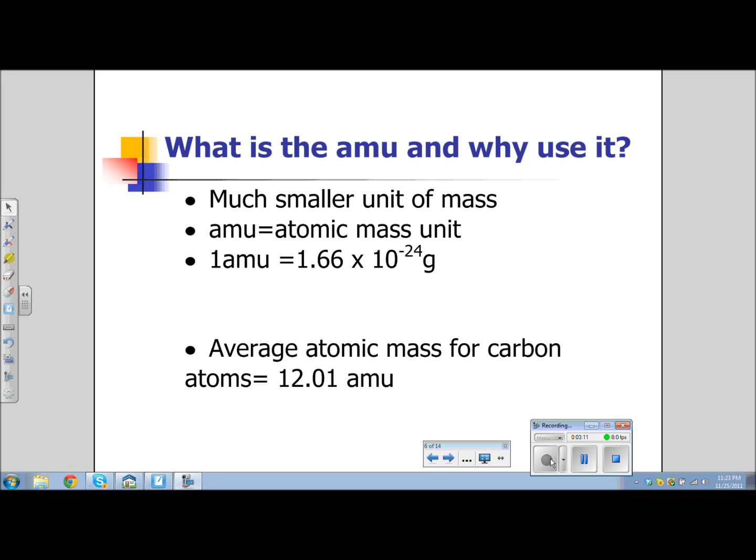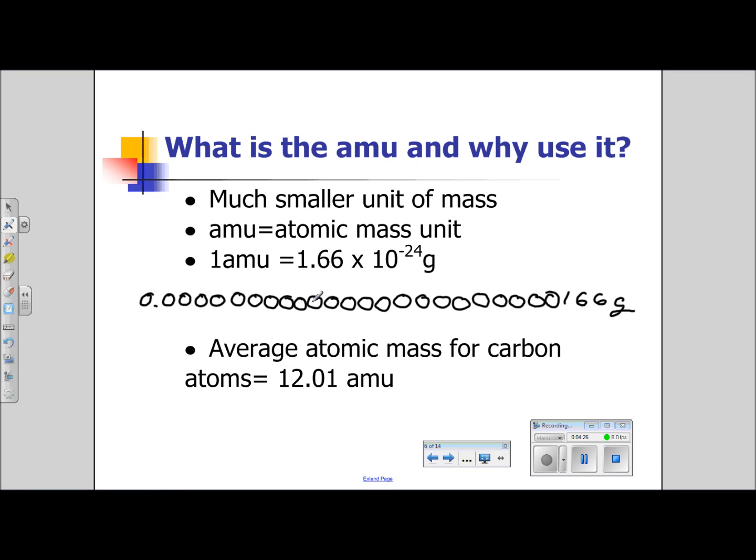One AMU is equivalent to 1.66 times 10 to the negative 24 grams. Wow, that's a very, very tiny number.